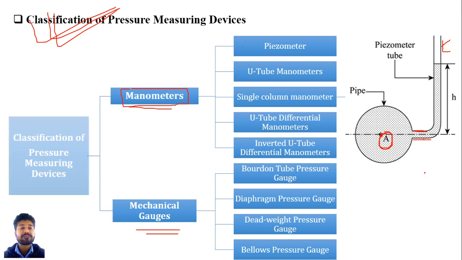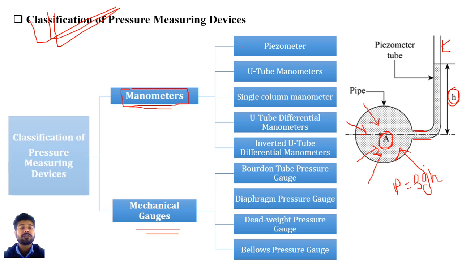and the fluid flows through this pipe A. Here is the cross section of pipe A. In this piezometer tube we simply need to measure the height h, which is the rise of liquid in the piezometer. By taking the value of h, we can put it in this equation: P, the pressure intensity at point A, equals rho g h.